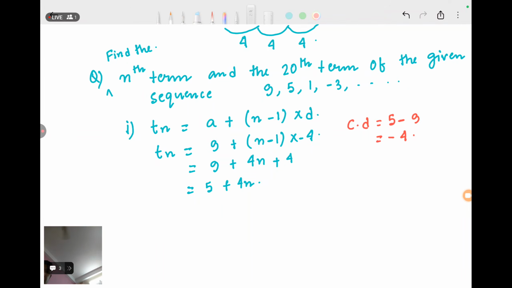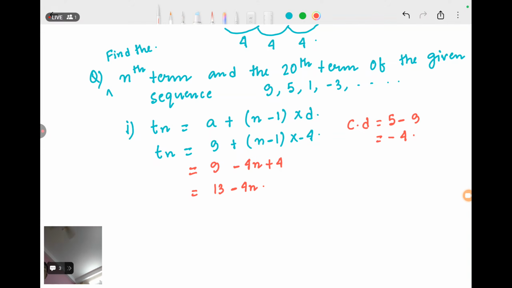Now I will write this answer: 9 plus n minus 1 into minus 4 is equal to 9 minus 4n plus 4 is equal to 13 minus 4n.